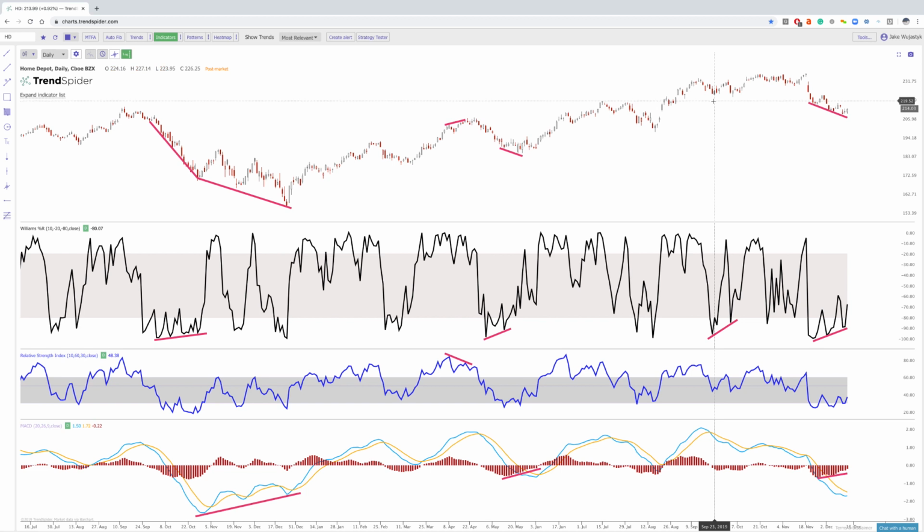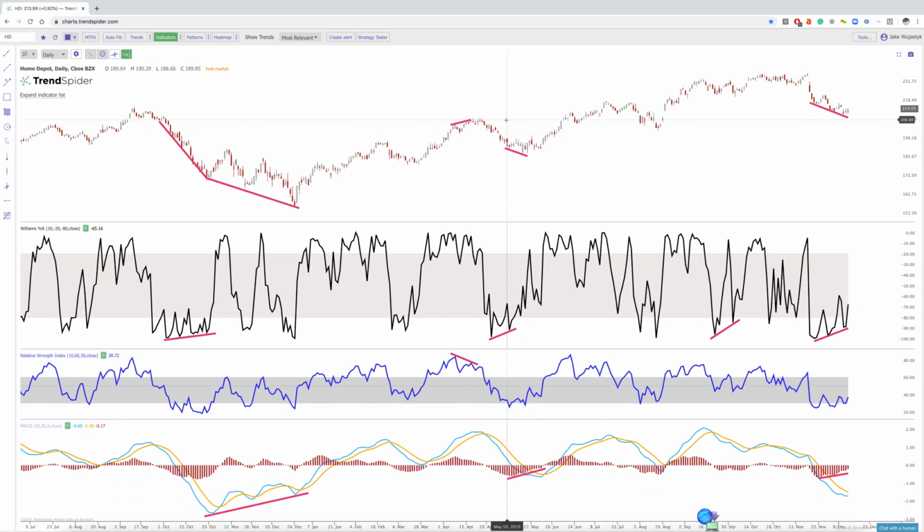Now, another way to look at divergence is on the MACD, and there's really two ways to look at divergence on the MACD. You can look at divergence in this particular way, where you've got the histogram showing higher lows here, and then the price showing lower lows and then higher lows on the MACD. Now, the histogram is essentially a function of the blue, which is the fast, and the yellow, which is the slow.